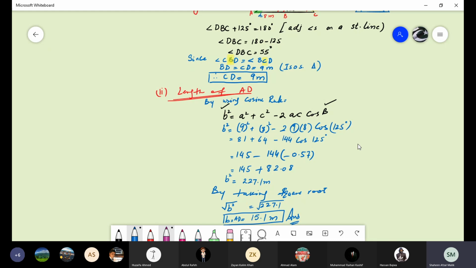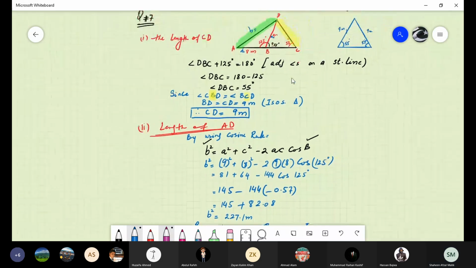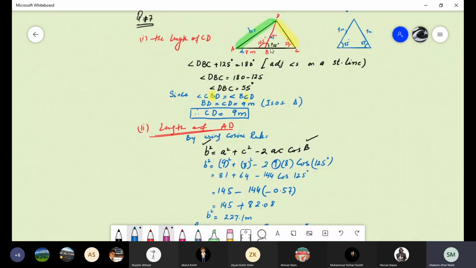If we find the missing angle using adjacent angles on a straight line, the angle at point B comes to 55. As both angles are the same, this part is an isosceles triangle. If this line is 9 meter, this should also be 9 meter. We will write that CD is equal to 9 meter because these are the sides of an isosceles triangle.